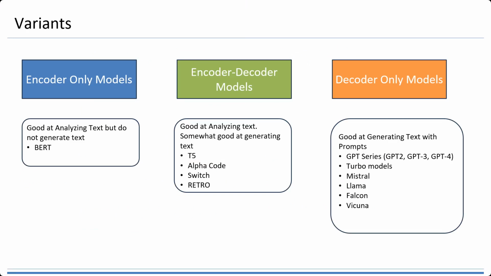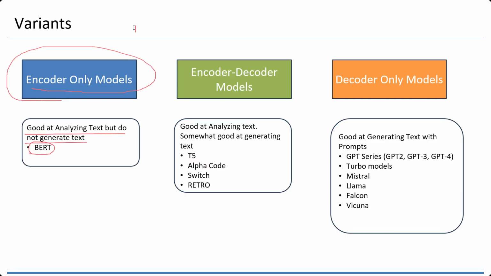I'm also giving you the examples in Python. The encoder-only models are about BERT, and they are good for text analytics. It is good for analyzing text, but does not generate text.